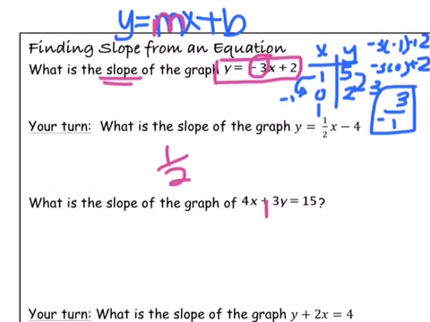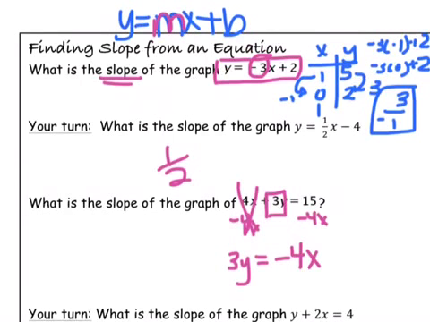So the first thing I have to do is box my y. That means I'm subtracting the 4x over. This crosses off, so I'm left with 3y. Remember to keep the sign with it. Equals, and because I like to keep this form up here at the top, I'm going to put my x first. So I'm going to have minus 4x plus 15. All right, does this match our equation perfectly?